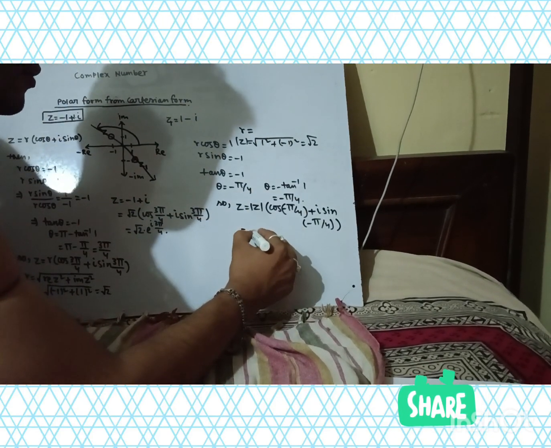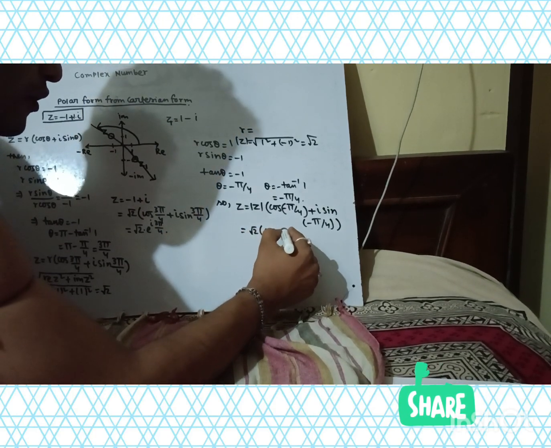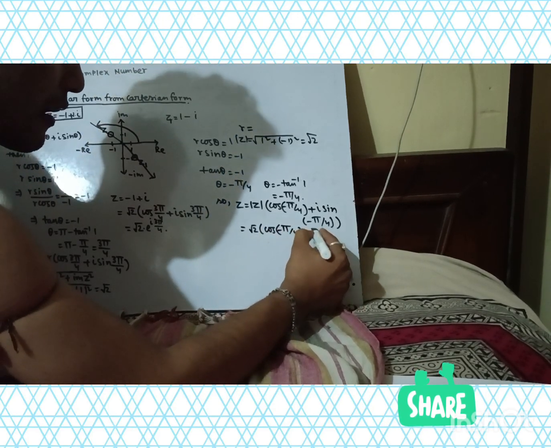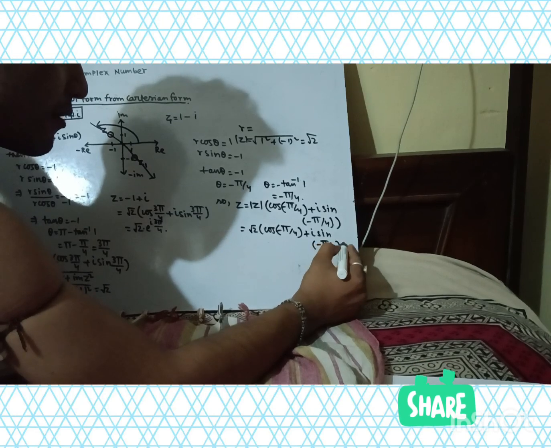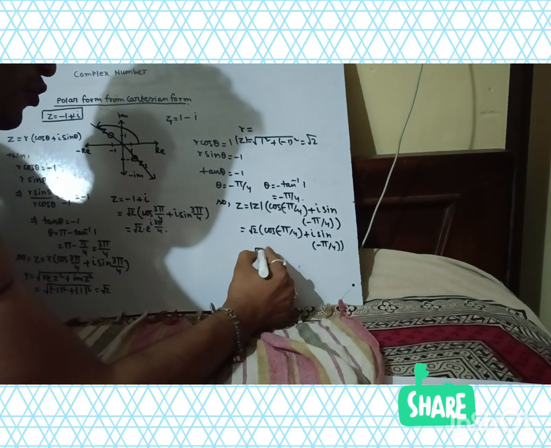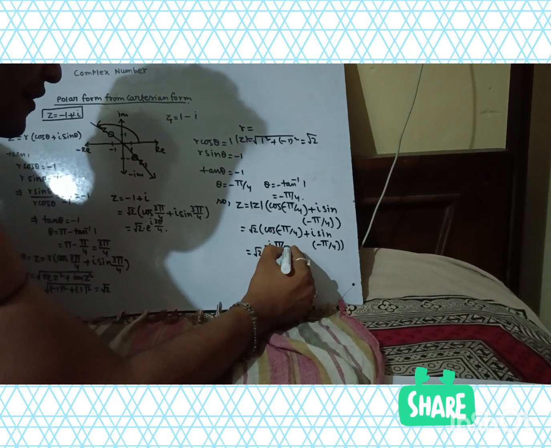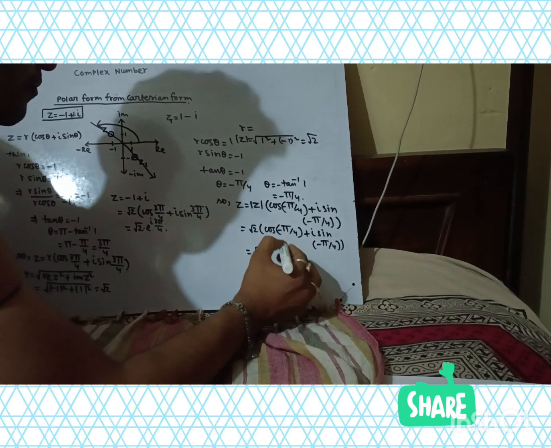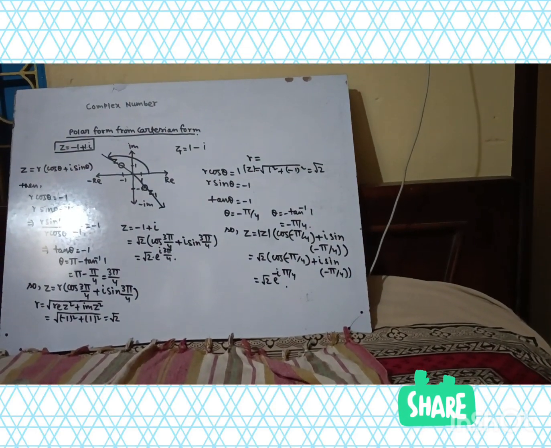So here the answer will be root 2 (cos minus pi by 4 plus i sin minus pi by 4). So it is root 2 e to the power minus i pi by 4. It will be the polar form from Cartesian form.